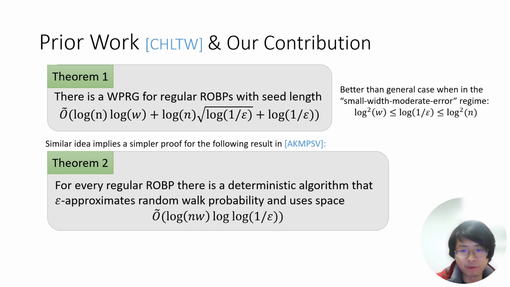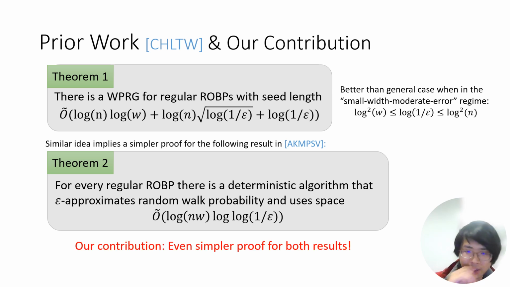The first proof by Ahmadinejad et al. used very complicated spectral graph theory machinery, but in the work by Chen et al., they get a simpler proof that has a more similar spirit to BRRY. And our main contribution in this work is that we show there is an even simpler proof for both results.